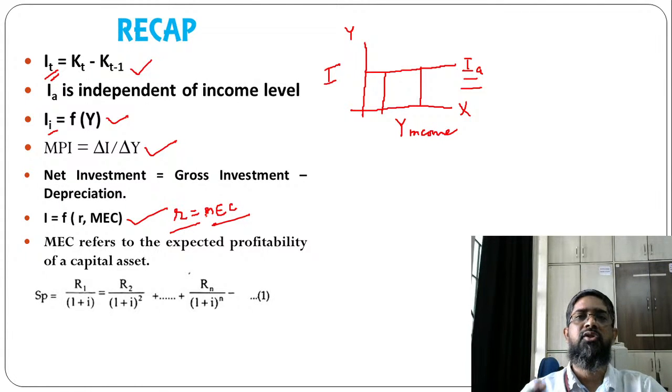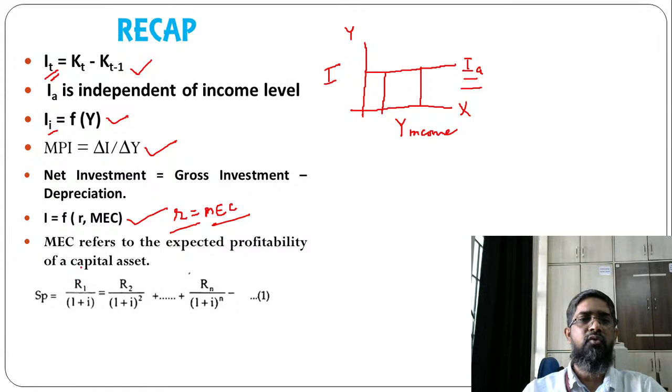It is better to keep your money in the bank at the simple rate of interest. So that is the concept of R and MEC. In detail it is studied in the speculative demand for money, or how the investment demand or MEC curve can also be drawn, but that much is not given in your syllabus in detail.